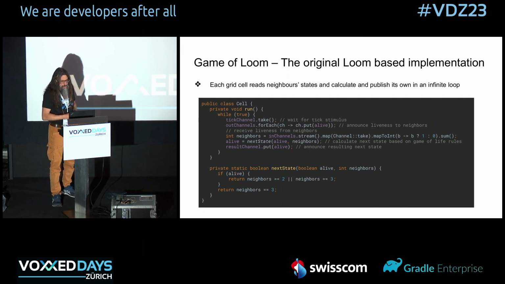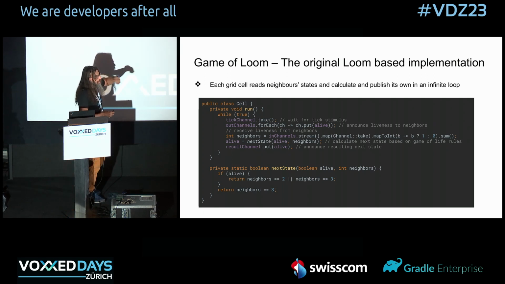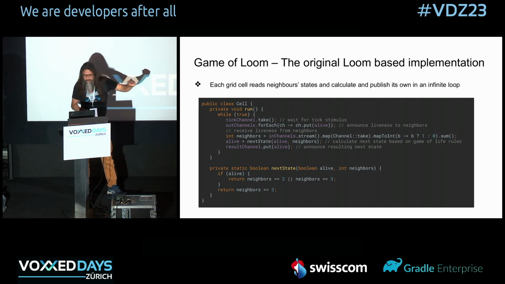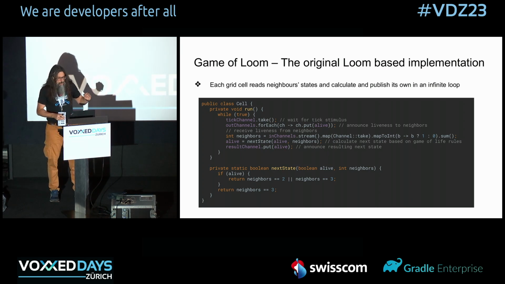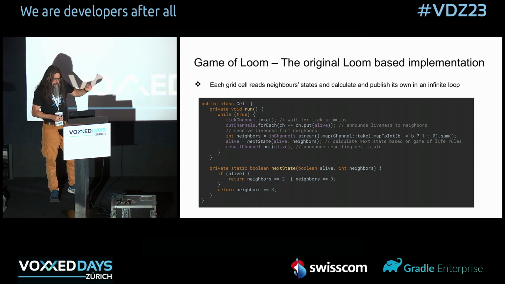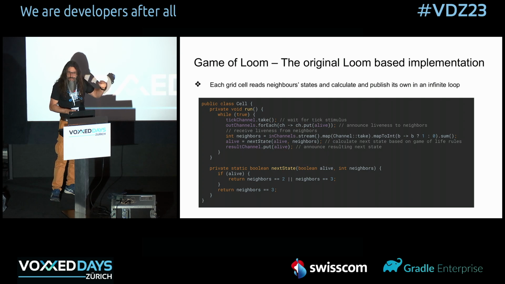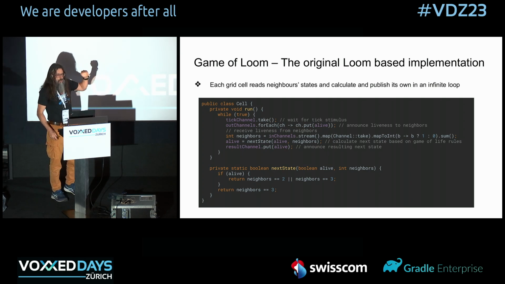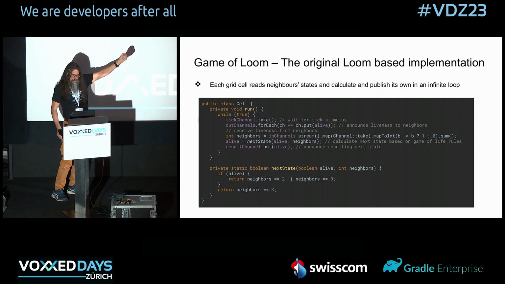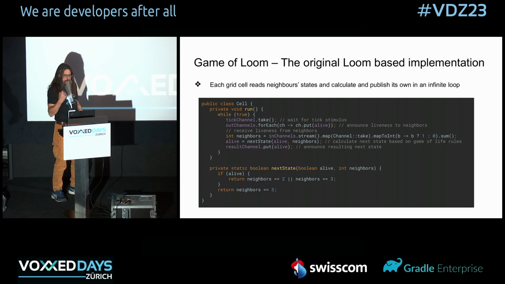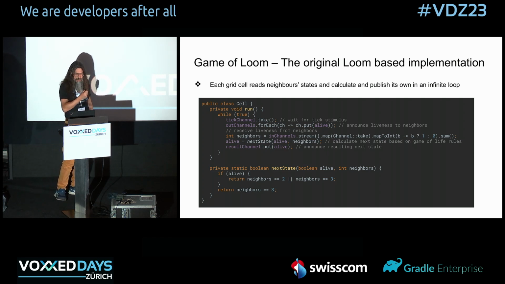Okay, so what a cell does: they run in an infinite loop. And again, each and every cell is a virtual thread. So what it does is wait for the synchronization message from the coordinator, from the tick channel. Then it reads the liveness of all the neighbors.